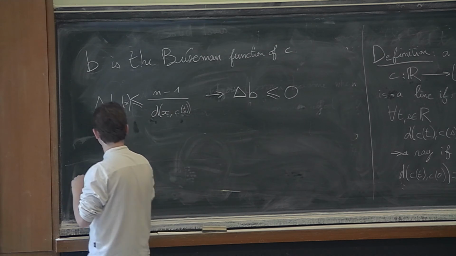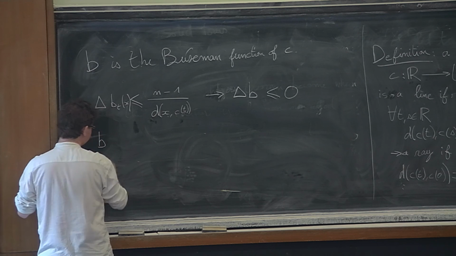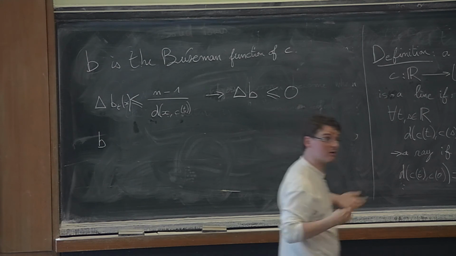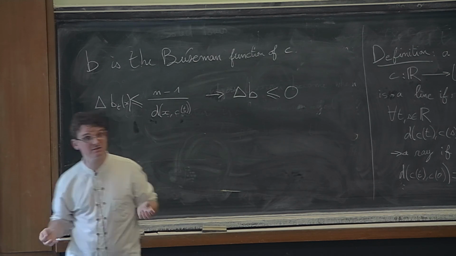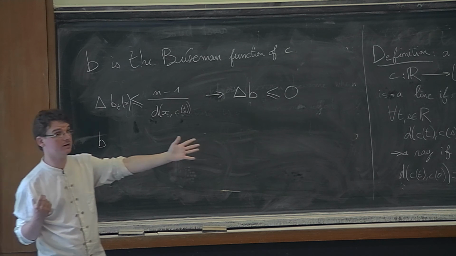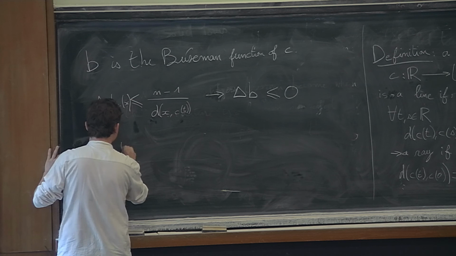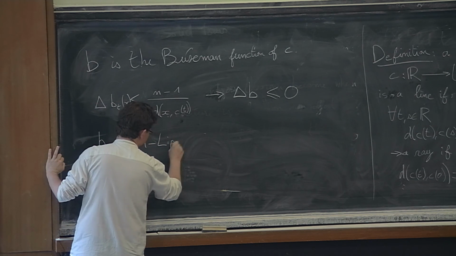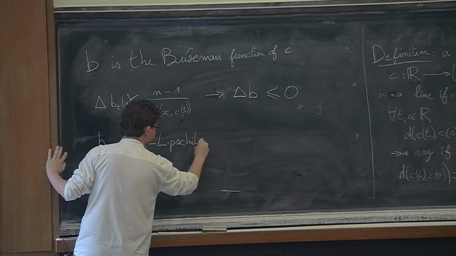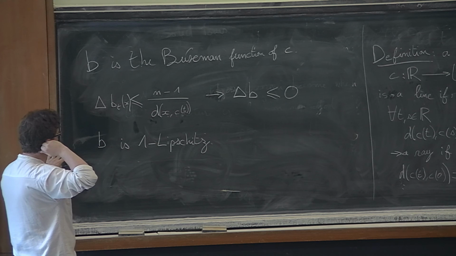Another property, b. So the distance function is one Lipschitz. It's made for it. So each of the b_t is also one Lipschitz, and when you take a simple limit of one Lipschitz functions, you also get something one Lipschitz. So b is one Lipschitz. Okay, do I need something else?